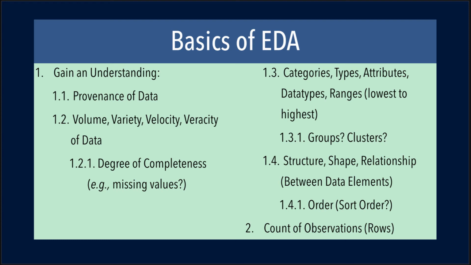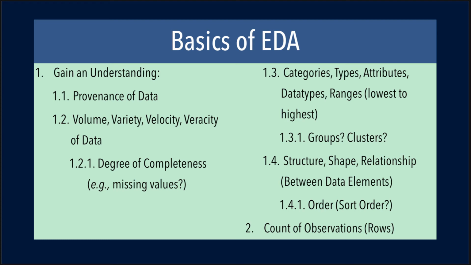We also want to understand the degree of completeness. Are there any missing values? And if there are, what do we do about them? Are there categories or types, attributes, data types, ranges? A range means low to high. Do we have groups and clusters? As you saw in the prior very small example with the table of data, there were groups there.